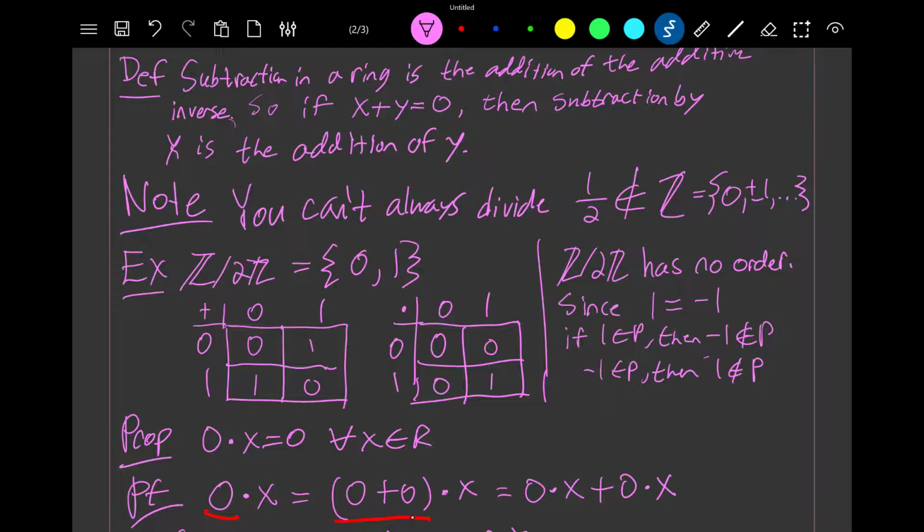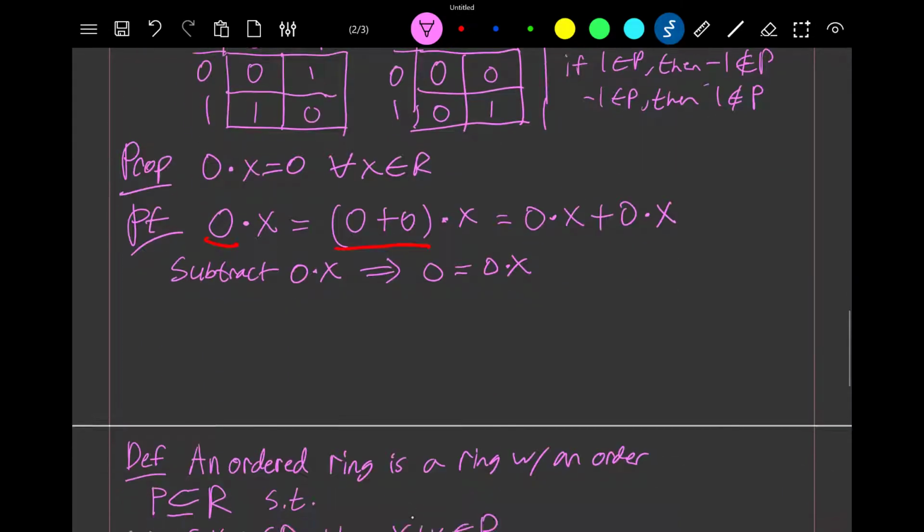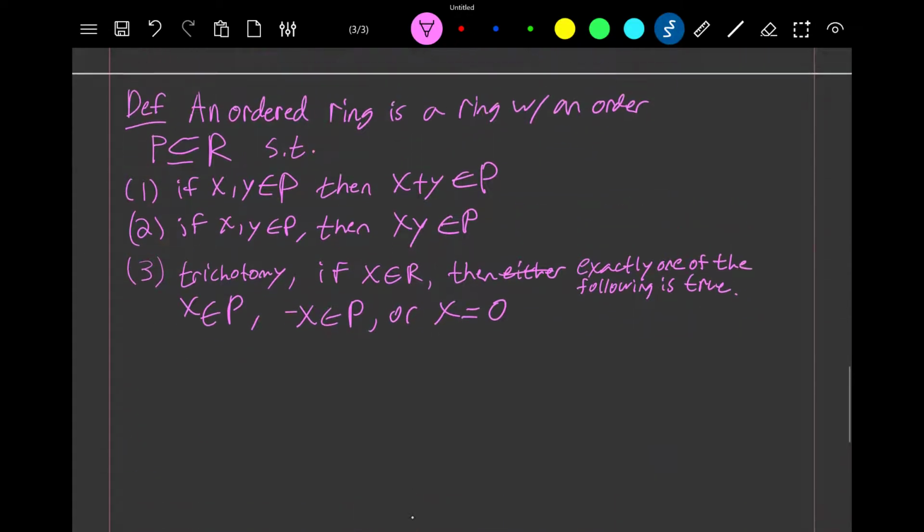But what about the integers? Z has an order, and the order is just the positive integers, 1, 2, 3, and so on.